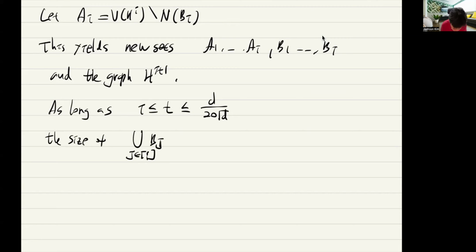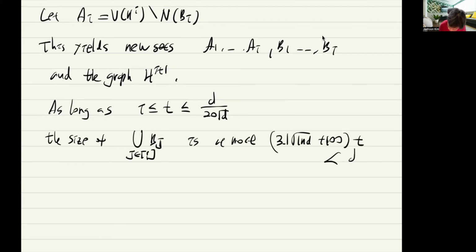It is at most 3.1 square root of log d plus 100, and t is smaller than d over, if it's n. So n is at most 2d. Then what is t? So 5, 6. So d over 6. This is more.